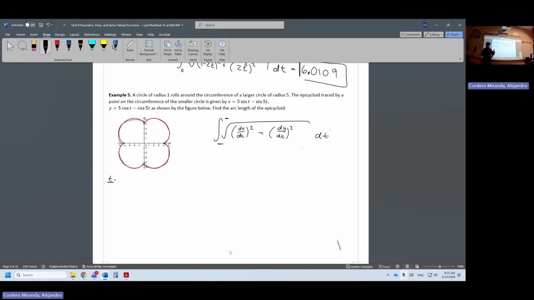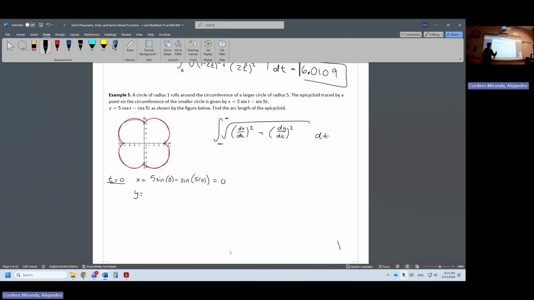If t is 0, then x would be 5 times sine of 0 minus sine of 5 times 0. If you're good at your unit circle, then you know this is 0 minus 0.